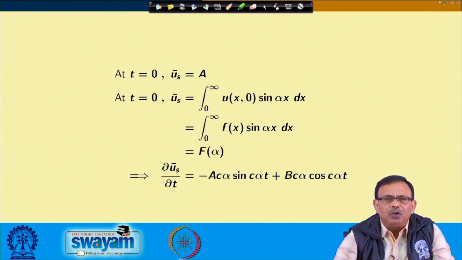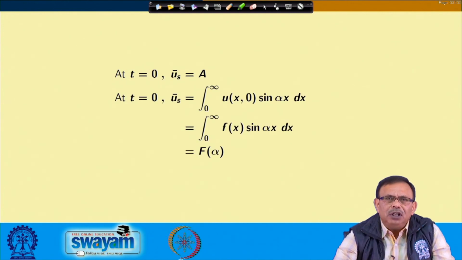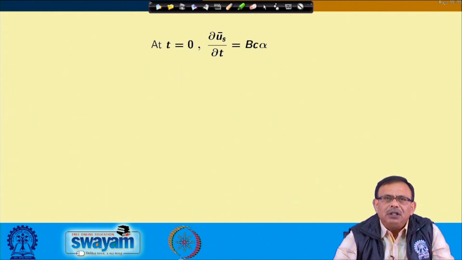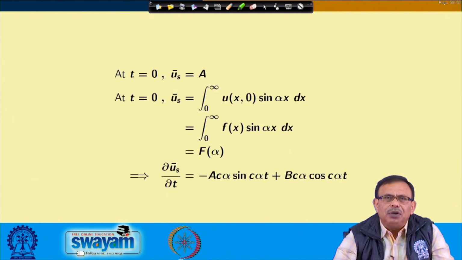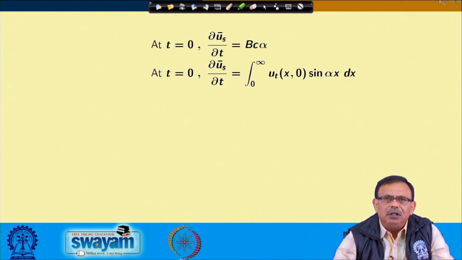Now, from that equation, if I differentiate it, then I will obtain del u bar s by del t as this, and at t equals 0, if you put it here, your a term will vanish, since sin is there. So, it will be b sin b c alpha. Now, at t equals 0, del u bar by del t is how much?